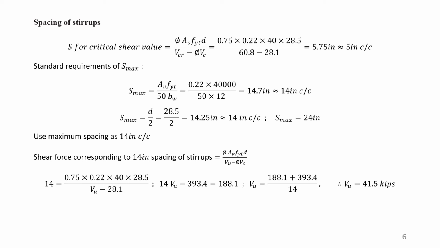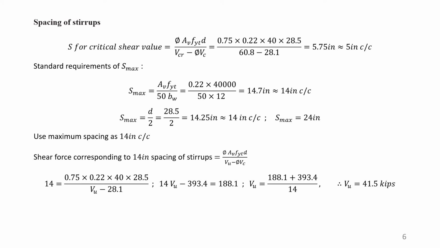And all these dimensions are in kip. That's why fyt is also in kip. And the depth, previously decided, is 28.5. And our critical shear, as calculated earlier, is 60.8.